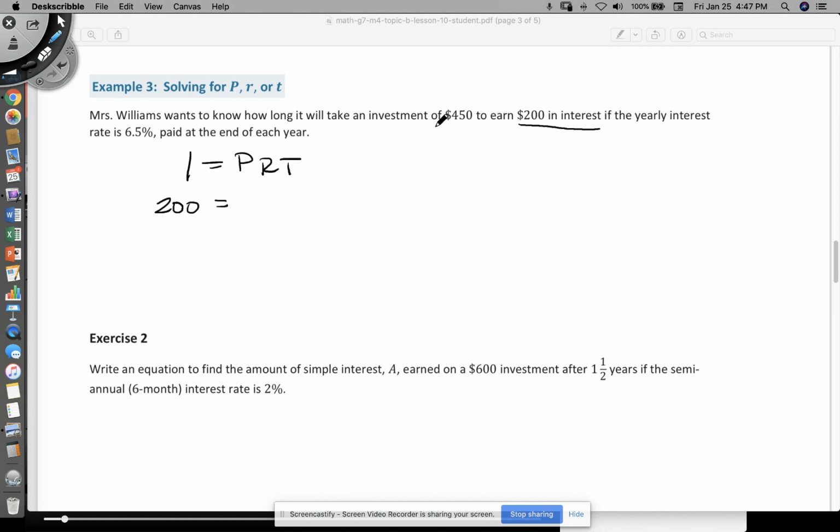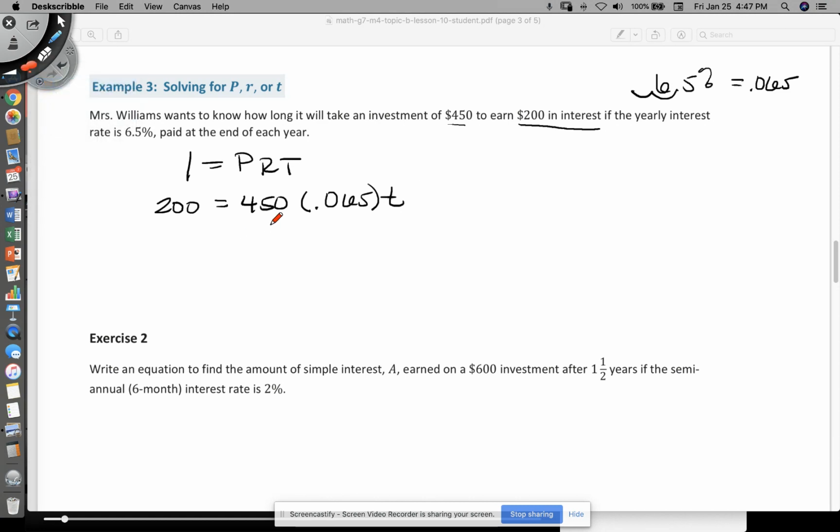Our principal is the amount that he put in, which is $450. The rate they gave me is 6.5%, and as a decimal, 2 places to the left, I get 0.065. So I multiply that by 0.065. And my time is what I don't know. I'm solving for t this time.